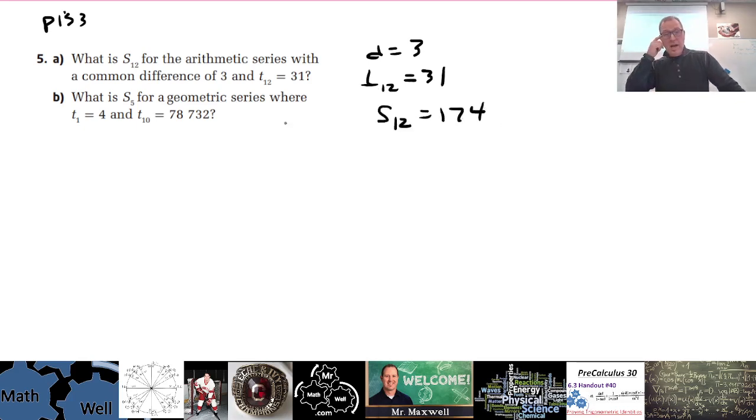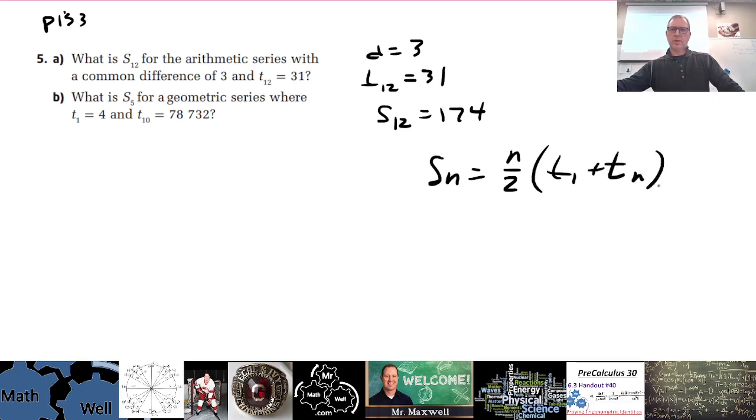Okay. What formula did you use? There's a couple sum formulas there for arithmetic. S of n equals n over 2 bracket t1 plus tn. Okay, and so T1 is the first term, Tn is the last term, right? So we're looking for the sum of 12, and they give you the 12th term, so that's awesome.